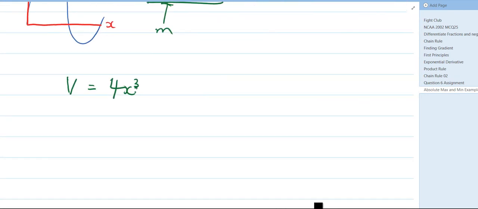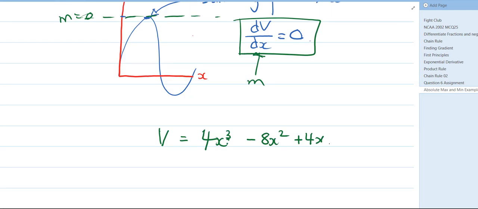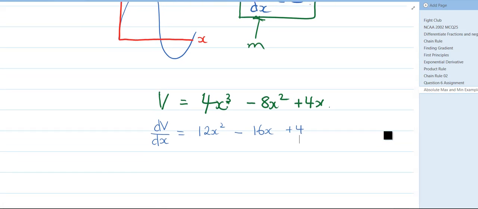So first things first, I need to find dv/dx. Finding the derivative, dv/dx is equal to 12x squared minus 16x plus 4. Did I make a mistake? I hope I didn't. It's cubic, bring the 3 down, 12, yes, okay, it's good.